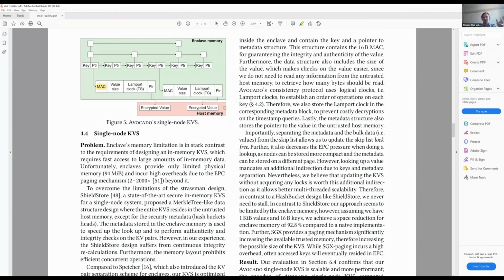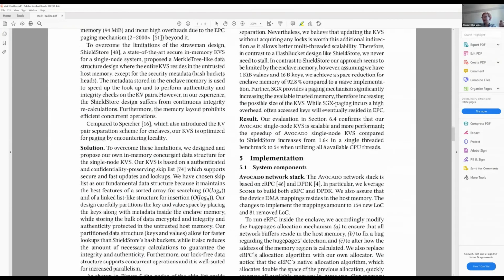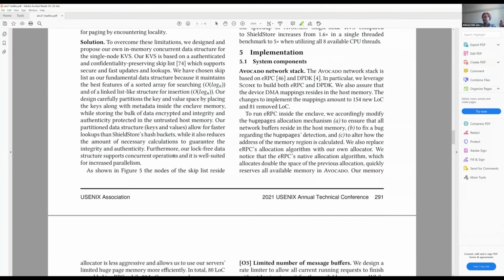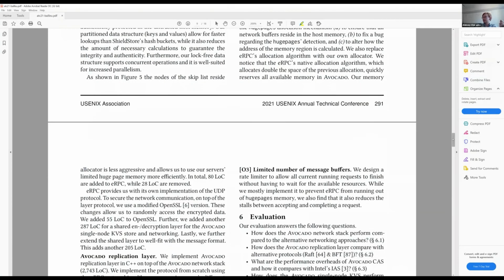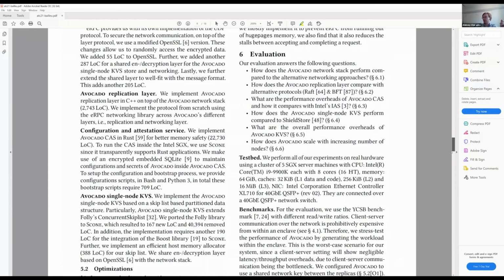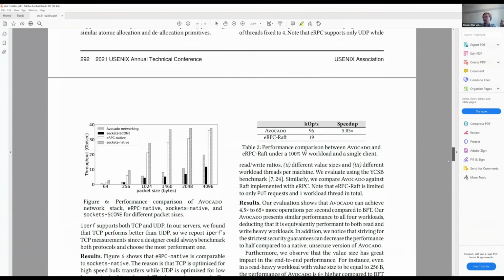The actual data doesn't sit in this 128 megabytes of memory, so they can pack quite a lot of these tiny keys and metadata and have a lot more actual data sitting outside of the enclave. And yeah, that's a very high level overview of what I want to say.